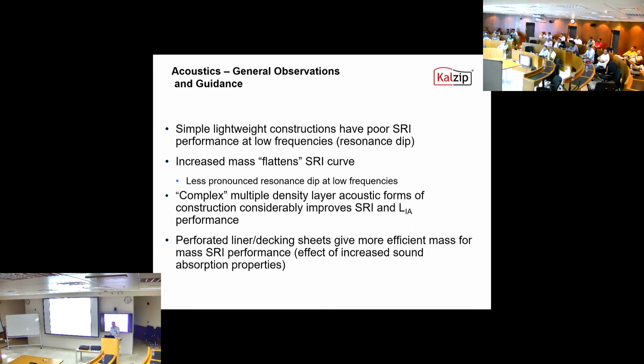Complex multi-density layer forms of construction can improve the SRI, sound reduction, and also improve the LIA, which is the intensity within the room. Perforated liner decking gives you efficient mass for SRI performance, as well as giving you sound absorption benefits.